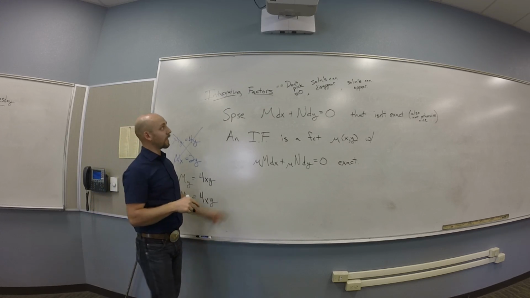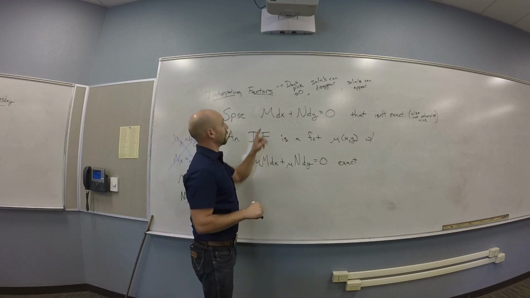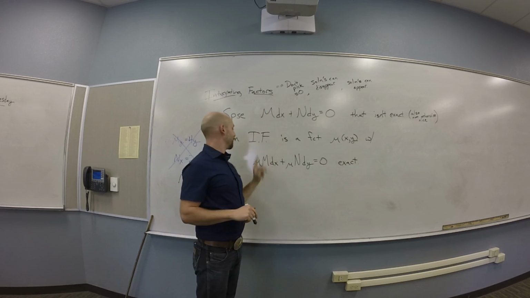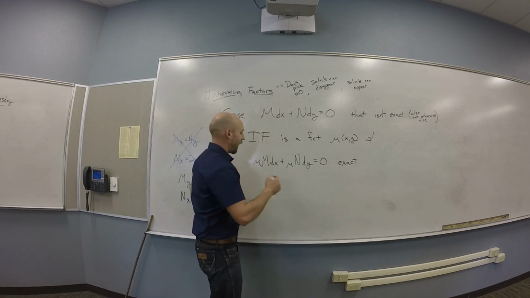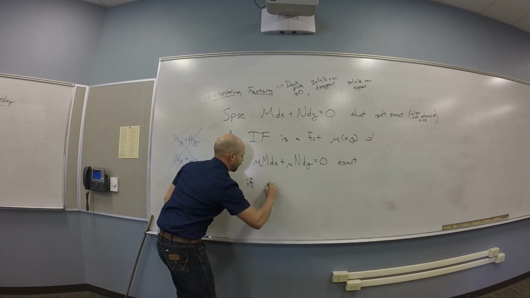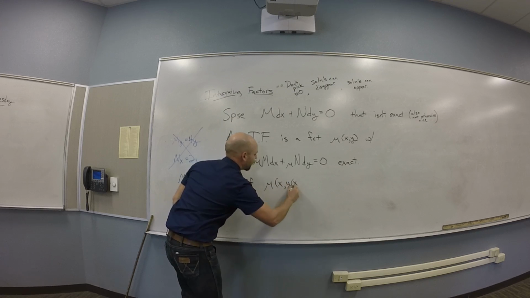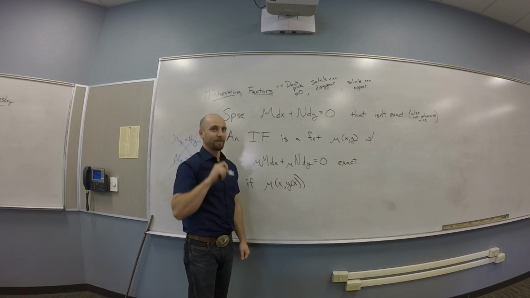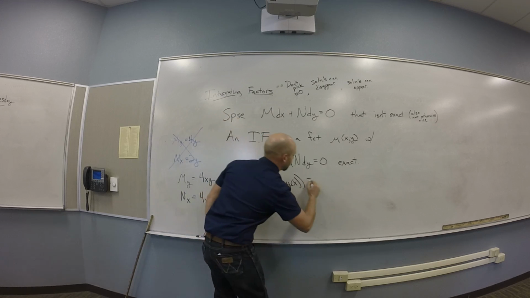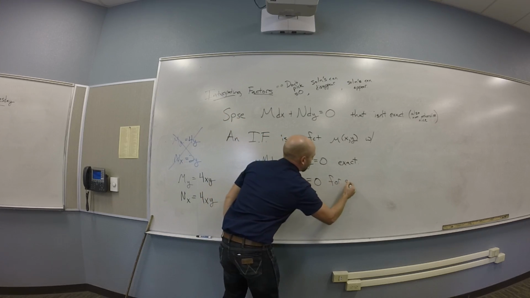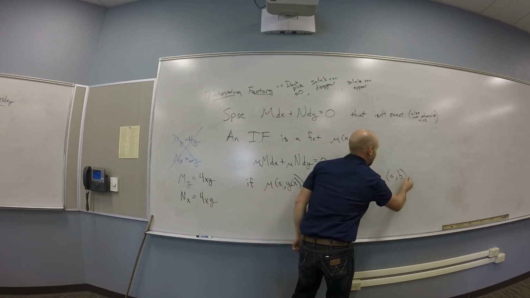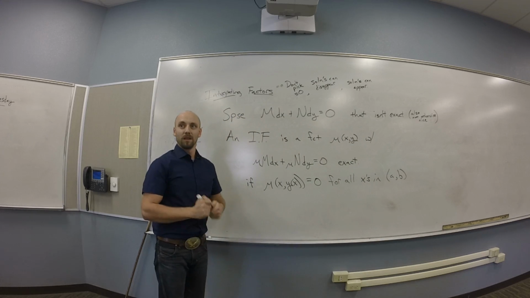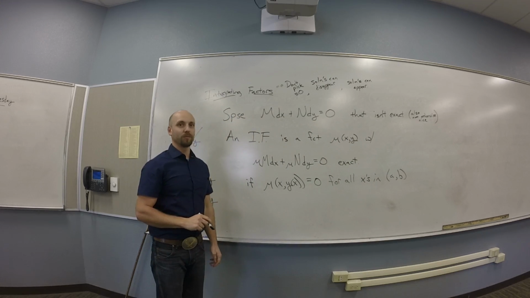Okay, so the caveats are, your mu function should not be identically 0, because that would be silly. If you find your solution y of x, and mu of x and y of x is 0 for all x's in some interval (a, b), then y will look like a solution but not actually be one.